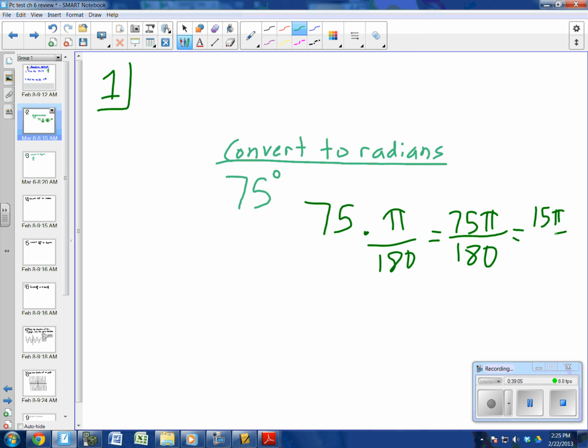And it will go into 180 36 times. I also know that 3 will go into that 5 times. 3 will go into 36 12 times. That's how I want your answer, 5 pi over 12. Any questions? Okay?